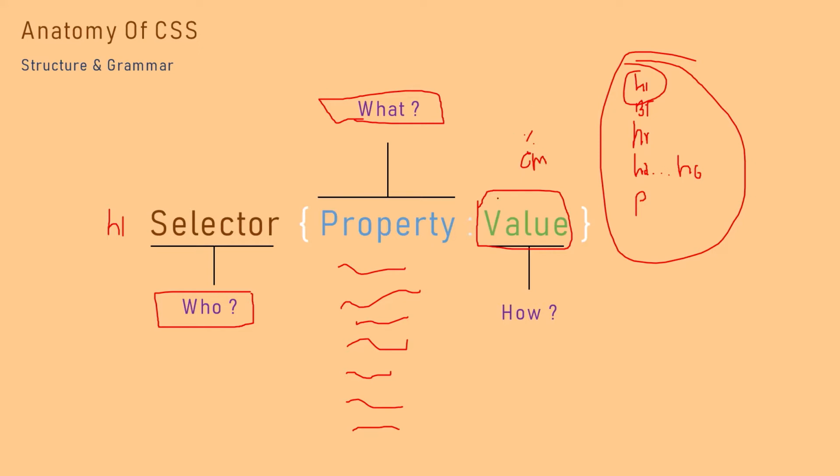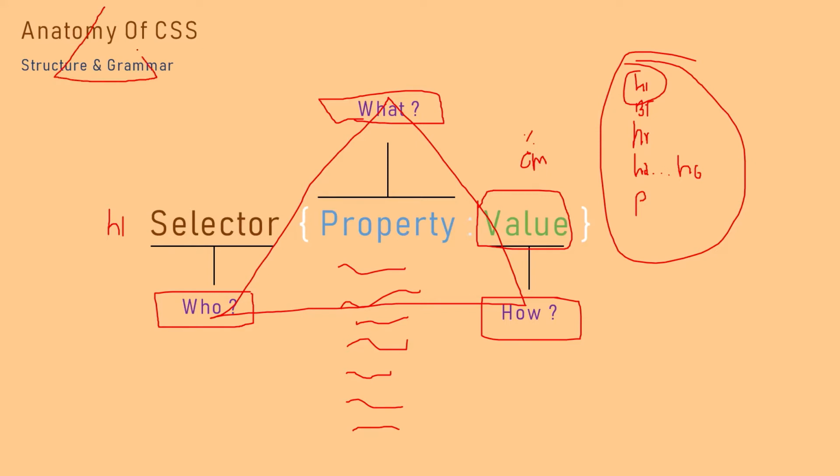There are many values, and that is also called 'how'. So who, what, and how is the triangular representation of CSS anatomy. You can represent CSS anatomy as a triangle of who, what, and how.